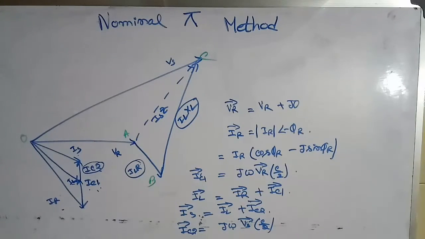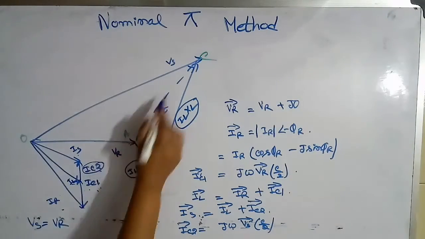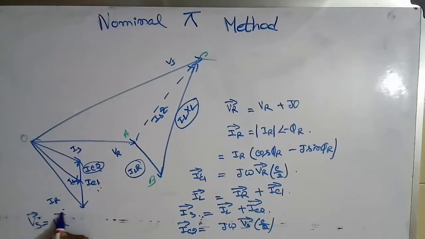Now, what is the value of Vs? Vs equals Vr plus Is into Z, where Z is R plus jXL.